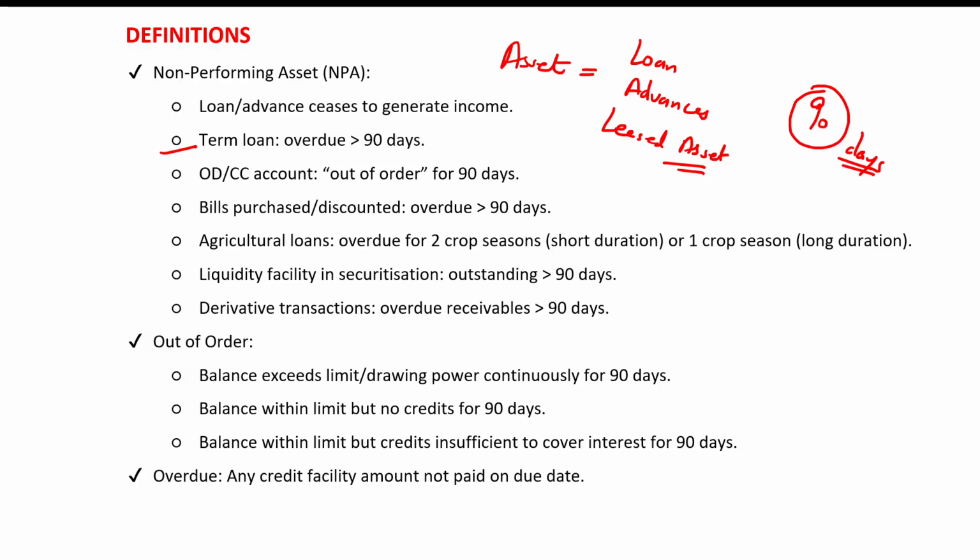This means that even if the account is not overdrawn, if the customer is not actively maintaining it or paying interest, the account is still treated as a non-performing asset. So I hope it is clear what is a non-performing asset, what is out of order, and what is overdue.